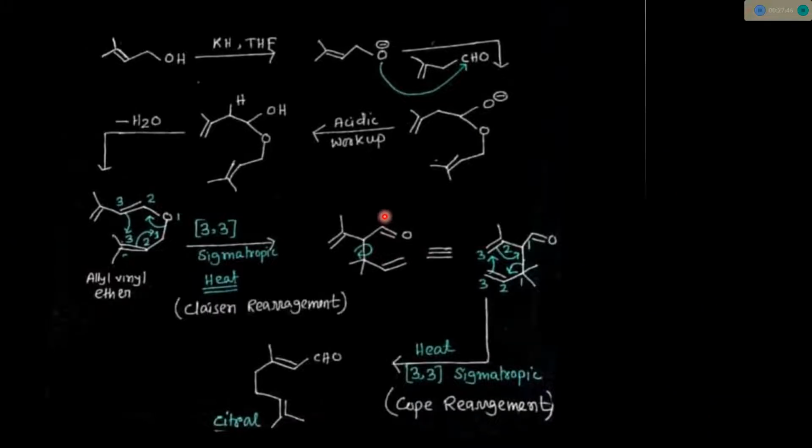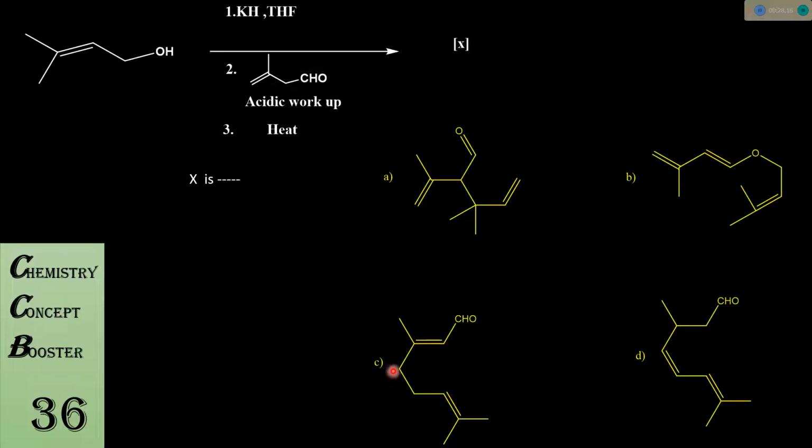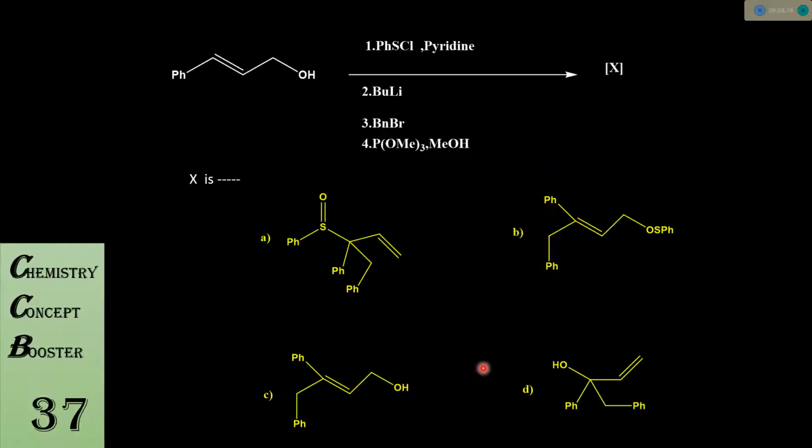If you stop at this compound, you will get the wrong product for this reaction. Since in this product there is a functionality which can take part in another sigmatropic rearrangement, it will proceed through another cyclization to form the final product. So this one is the Claisen rearrangement, this one is the Cope rearrangement. So option C is correct. Again, move to the next question.